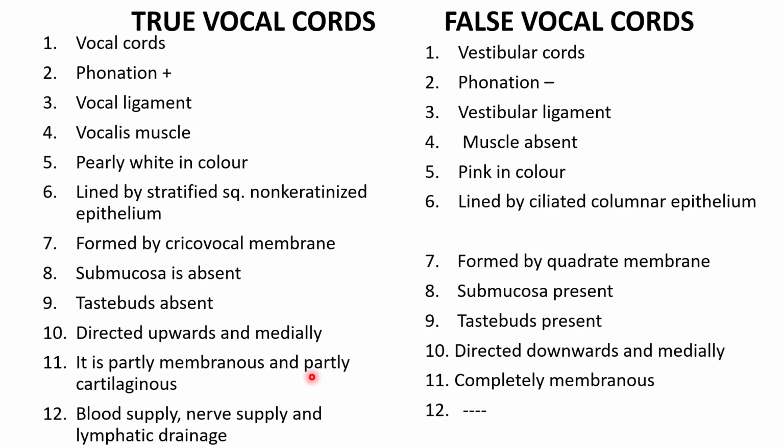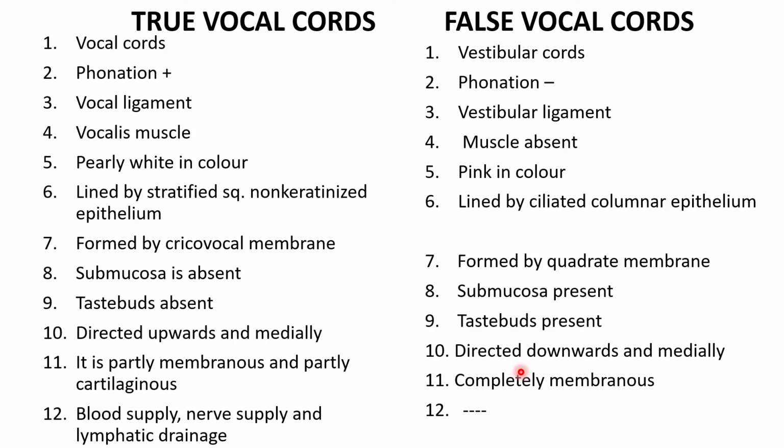And I have just now mentioned the vocal fold is partly membranous and partly cartilaginous in nature, whereas the false vocal cord is completely membranous as it is made up of the vestibular ligament covered by the mucosal fold.